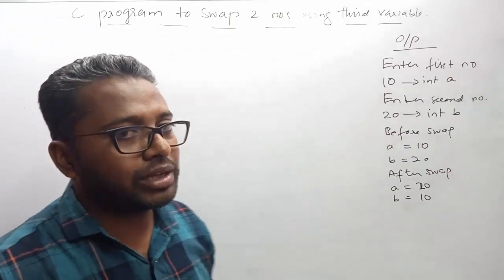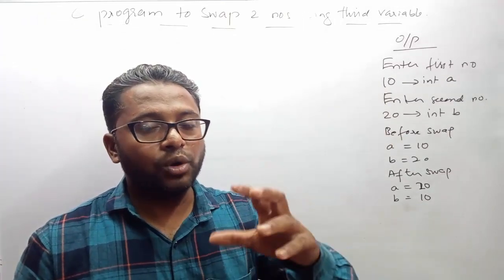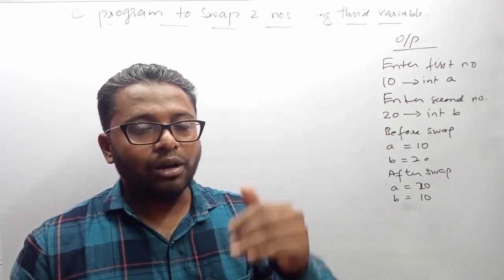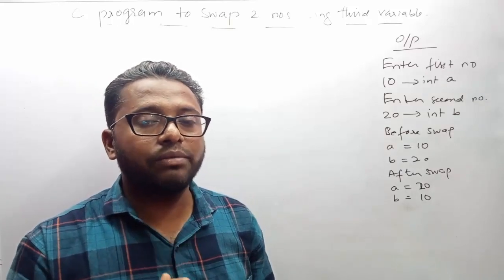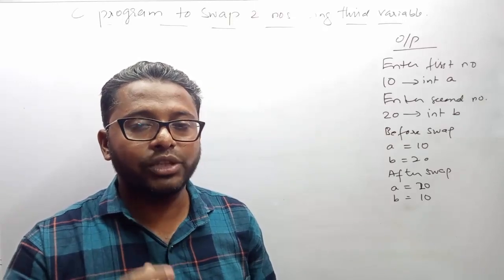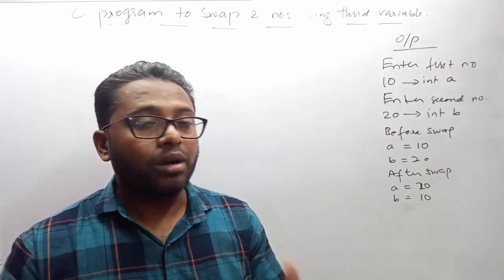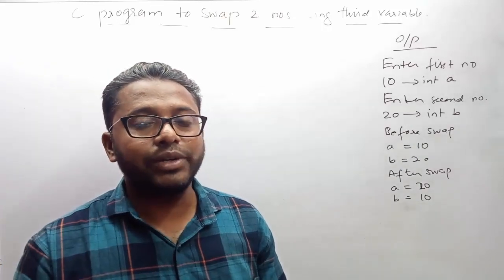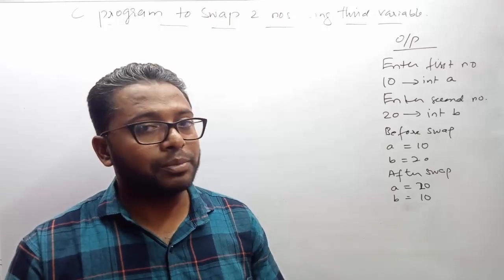As we already know, every C program starts with preprocessor directives followed by the main section. I have already explained everything regarding preprocessor directives and the main function in the first video of this tutorial series. If you have not seen that video, just watch it as well, because in that first video I have explained many basic and fundamental concepts of C programming.